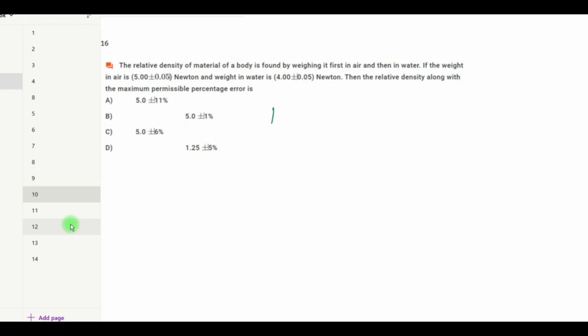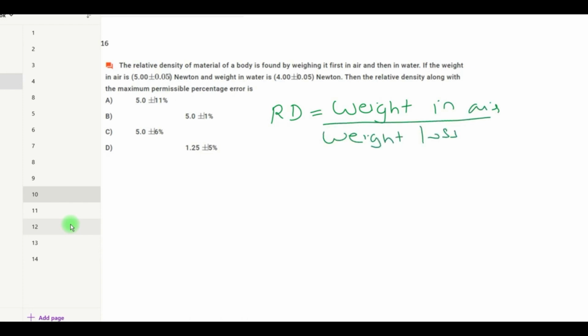Now the formula for relative density is given by the weight of the material in the air, that is the numerator, divided by the weight loss due to water. So let me symbolize this. Relative density is weight in the air divided by the weight loss due to the water.